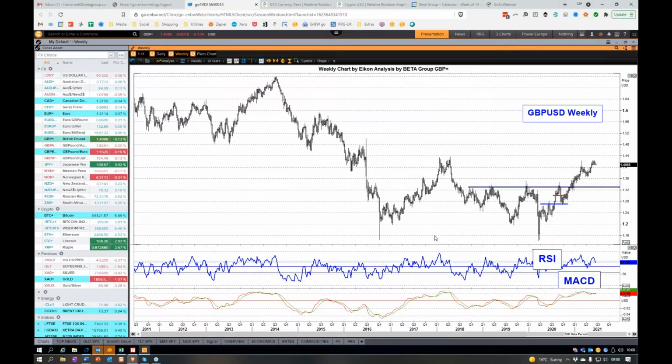But this looks like, dare I say it, a massive double bottom. Low, the same low, and here's the apex in between. If we break 144, then the count would be from 114 to 144, swung up, which would take us right up to about 166, 168, something like that.